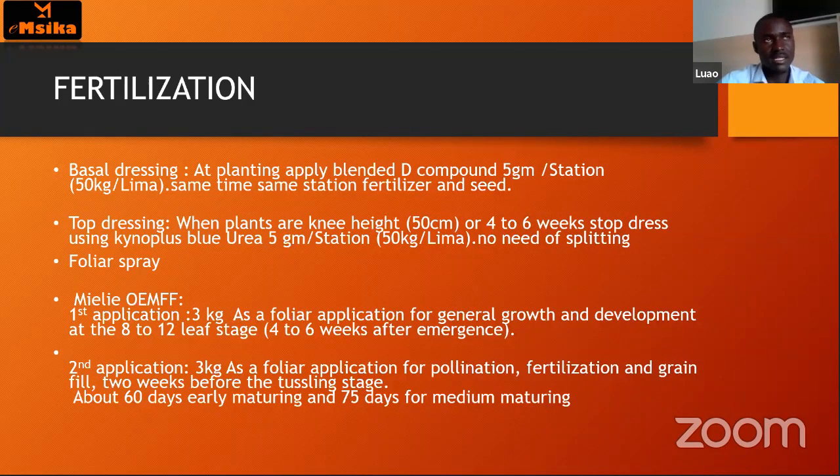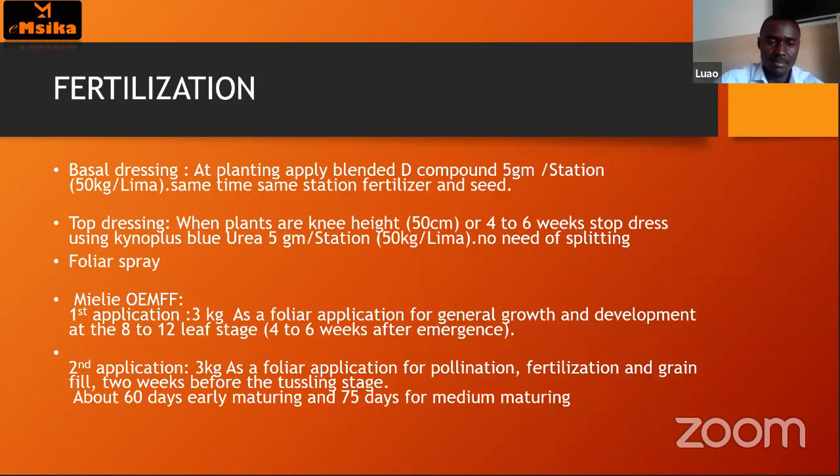And usually the maize plant is at this stage when we are reaching around week 4 and week 6. You can even do it slightly before you do the Kynoplus urea or just after. You can do pesticide and all those things, you can mix it. It's compatible.